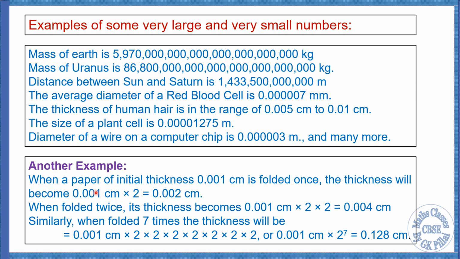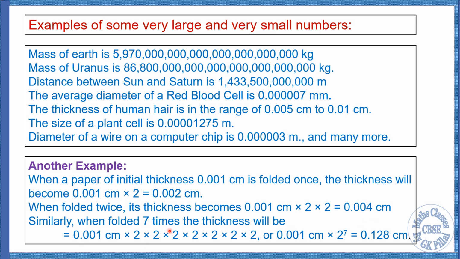One more example, taken from your textbook only. When a paper of initial thickness 0.001 centimeter is folded once, the thickness will become 0.001 into 2, 0.002 centimeter. When folded twice, it will be 0.001 into 2 into 2, 0.004 centimeter.